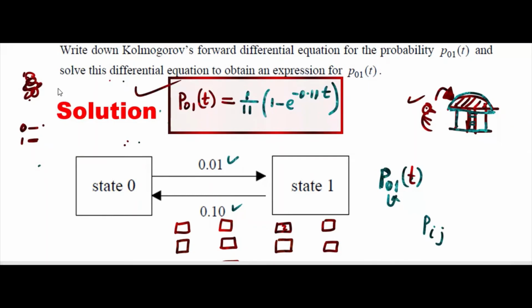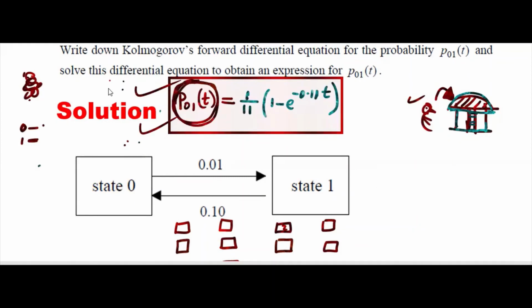Only when you solve Kolmogorov's differential equation. So Kolmogorov's differential equation is so important. Without using Kolmogorov's equations, differential and integral equations, you will not be able to analyze this way. It's impossible. If you want to get something like this, the only way is to solve Kolmogorov's equations. There is no other way.